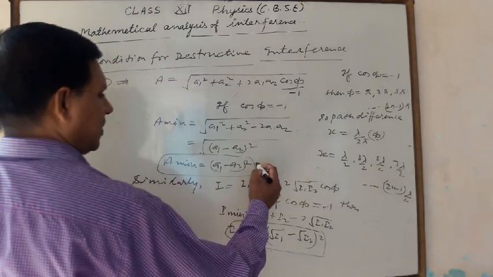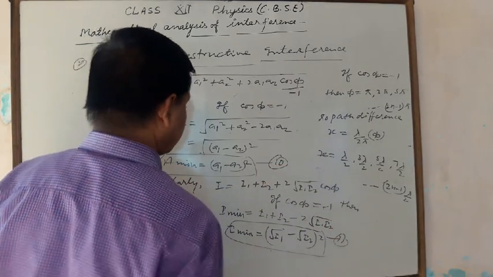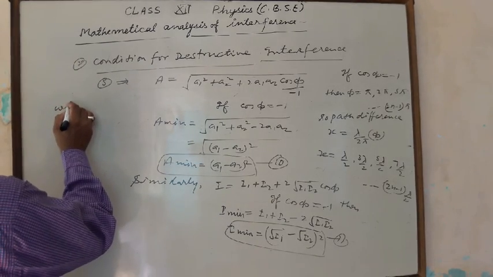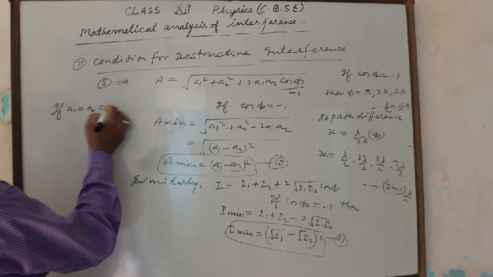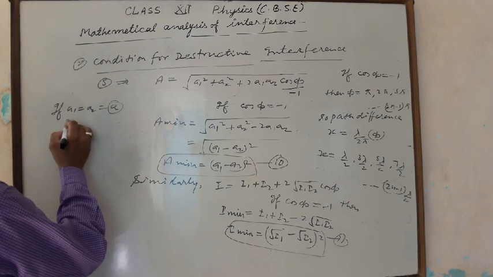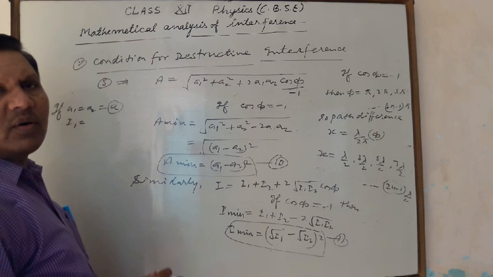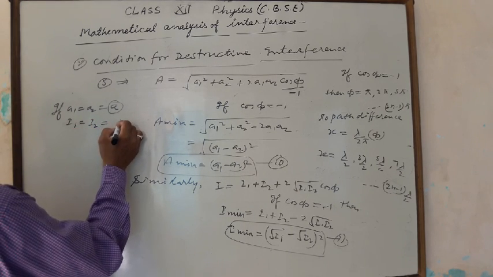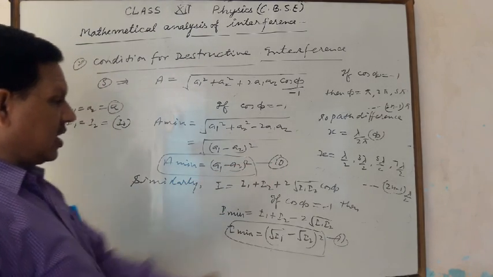So from equations 10 and 11, if A1 is equal to A2 is equal to A, and the amplitude of both waves is the same, so the intensity of the waves is also the same.